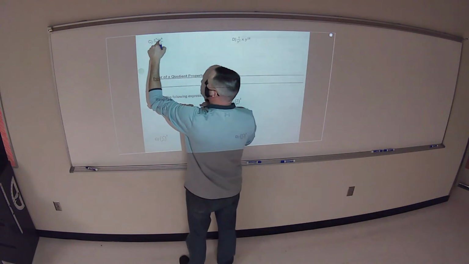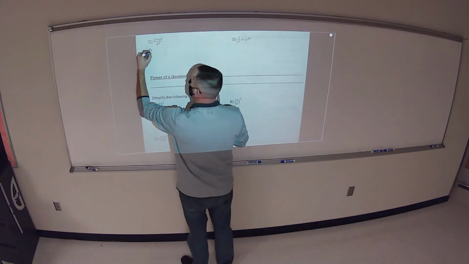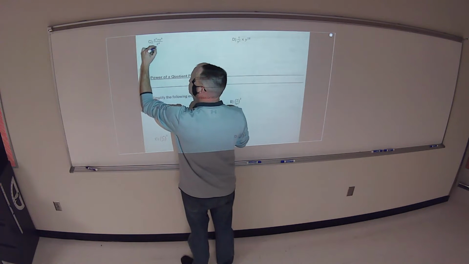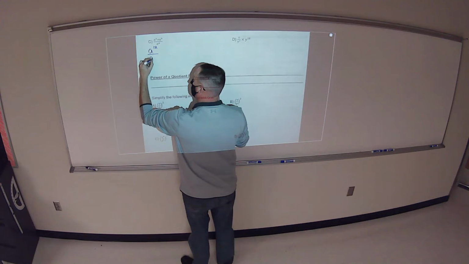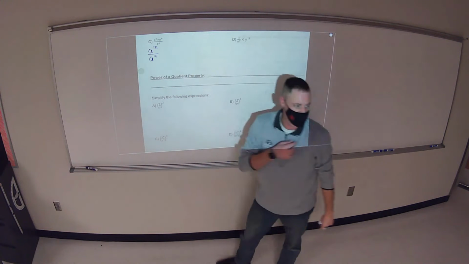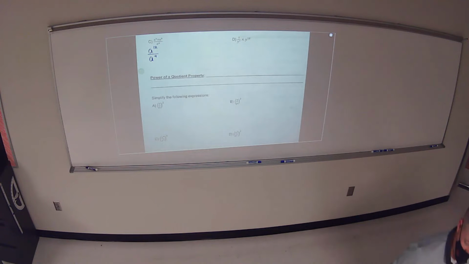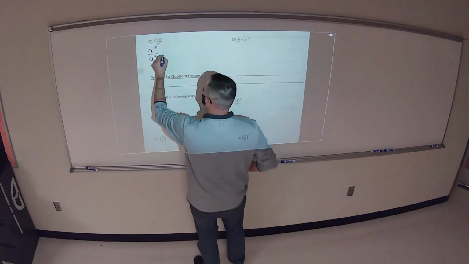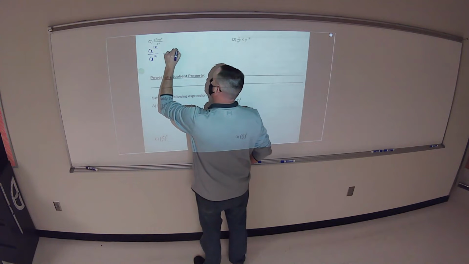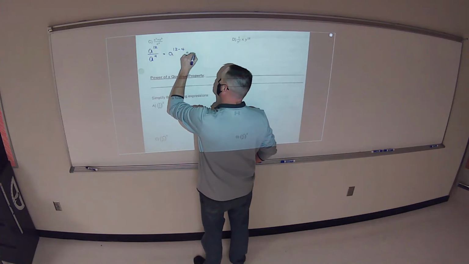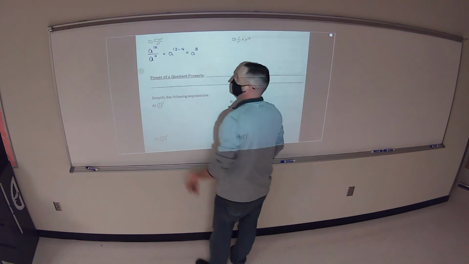A cubed times a to the 9th is a to the 12th over a to the 4th. Now, where are there more a's, top or bottom? On the top, so my a should end up on the top. We're going to take our top exponents and subtract our bottom exponents. So this is going to result in an answer of a to the 8th power.